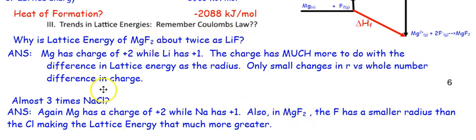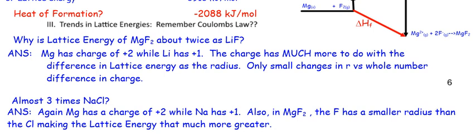But here I have fluoride and chloride. Fluoride is smaller, so not only do you have a larger numerator and a smaller denominator, between the two of them you're going to make an even greater lattice energy. We could do the whole math if you wanted to, but just take my word for it. Both things are playing in here because you have both a different charge and a smaller ionic radius.